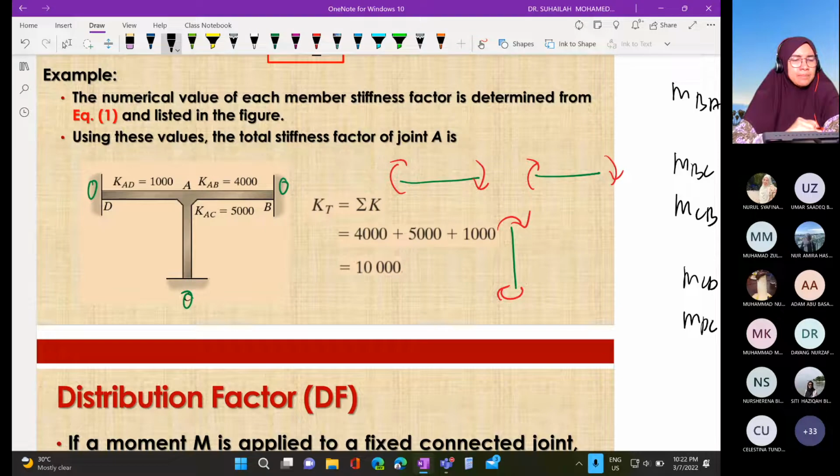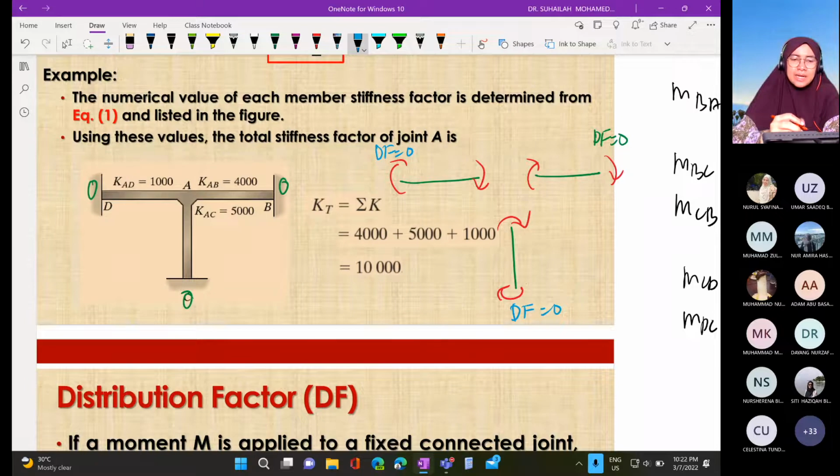B, C, and D are 3 fixed ends, so the distribution factor for B, C, and D will be 0.